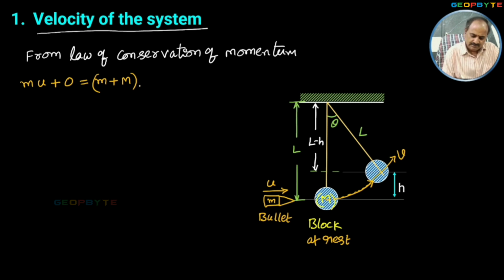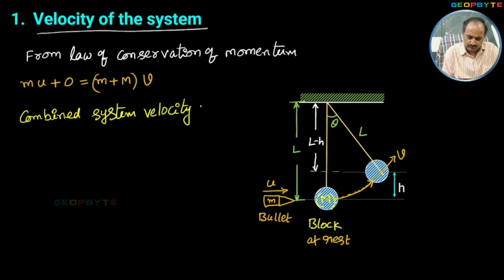From that, the combined system velocity v equals mu by small m plus capital M. That is the combined system velocity.